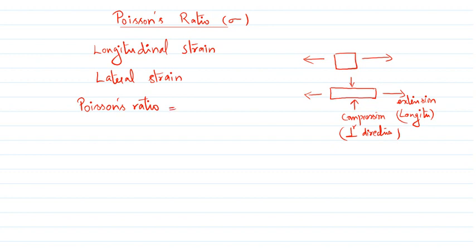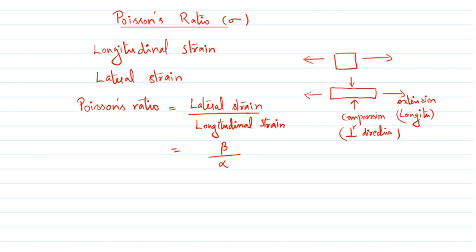The lateral strain is expressed in terms of beta, and the longitudinal strain in terms of alpha.